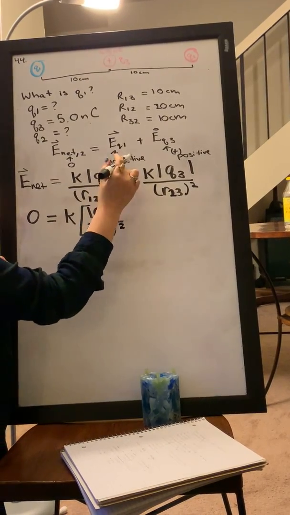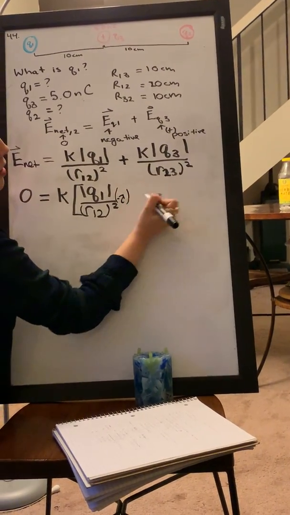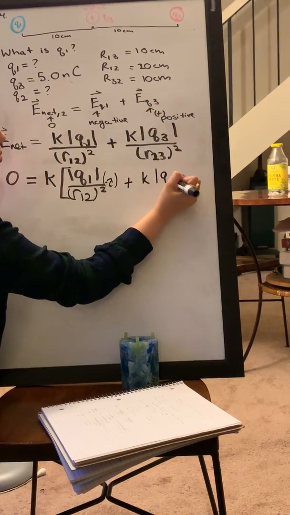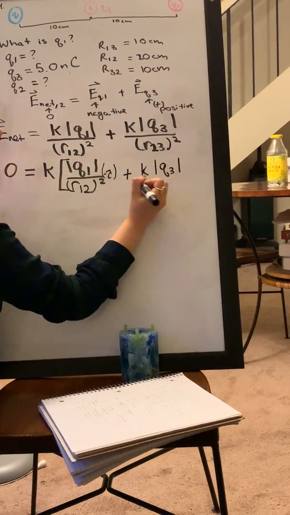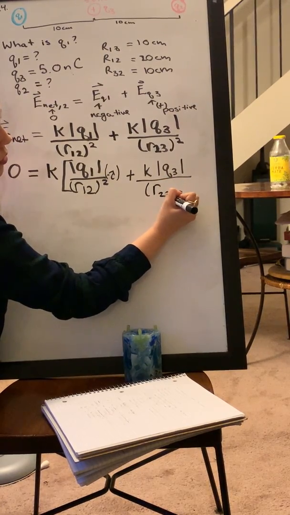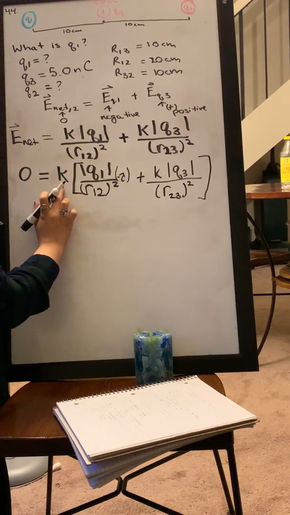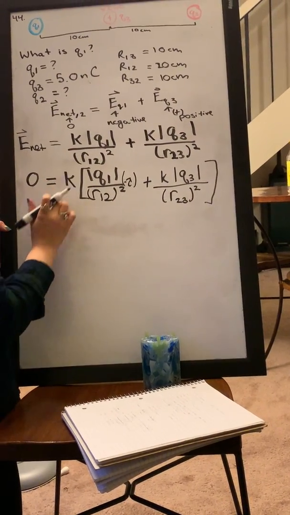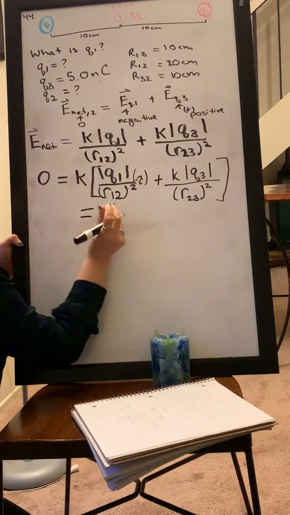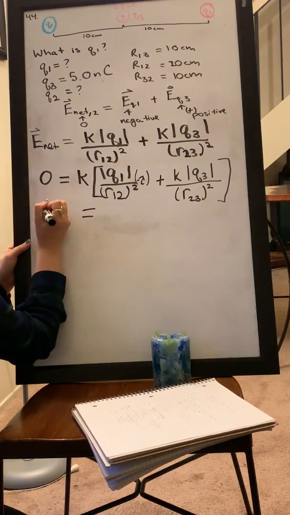As I said, since we know that this is negative, we can include that here, plus K times the absolute value of Q3 over R23 squared. Since 0 divided by K is 0, we can just get rid of that. And then we can move this onto this side.